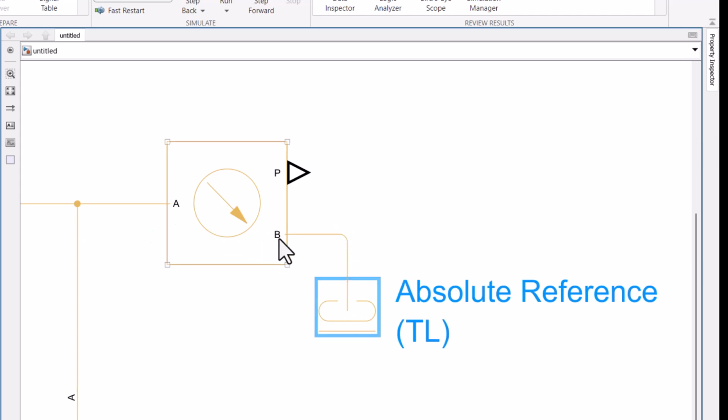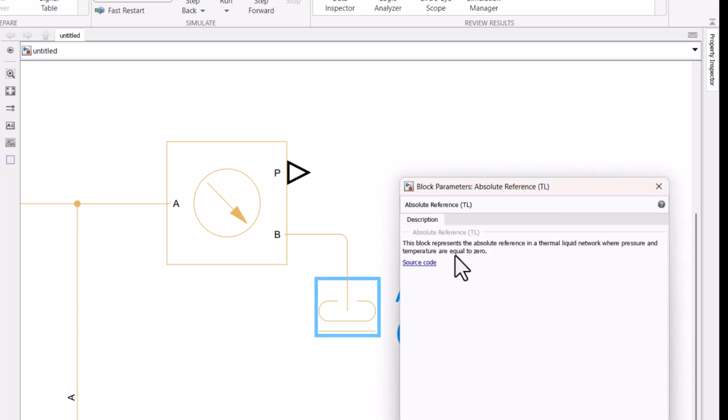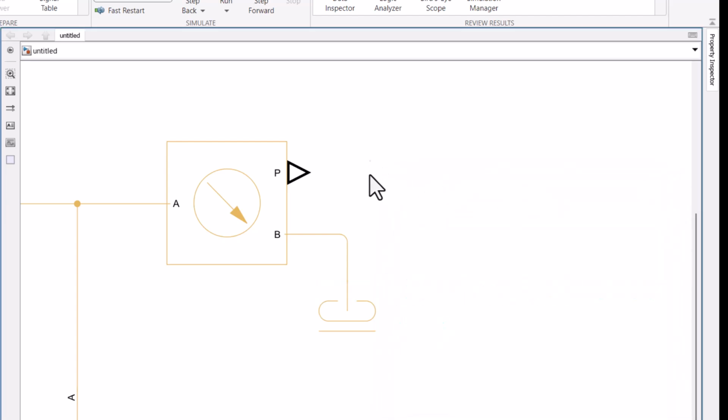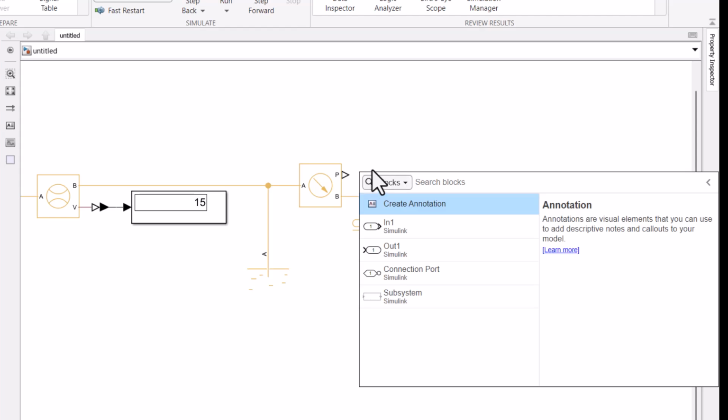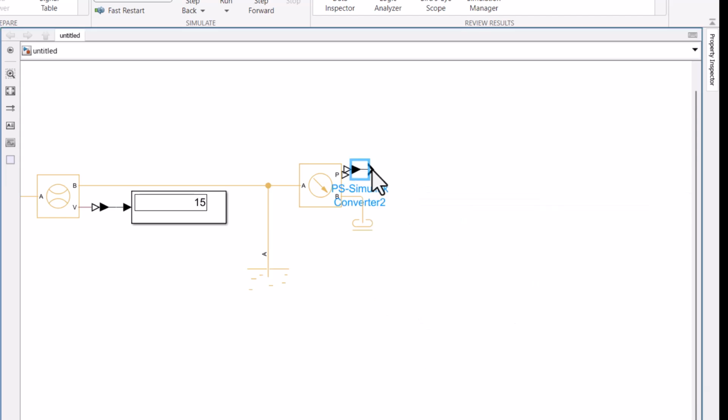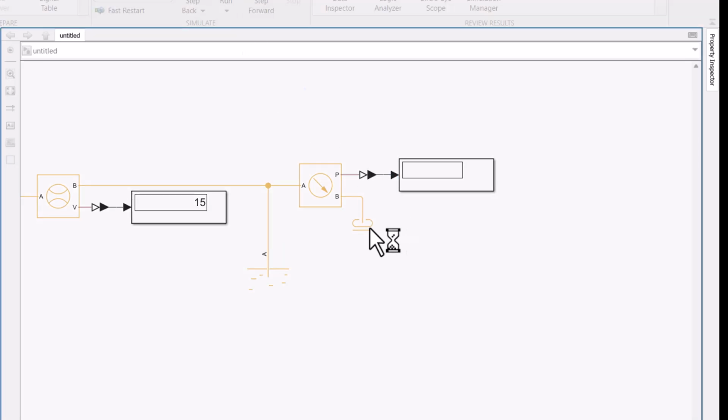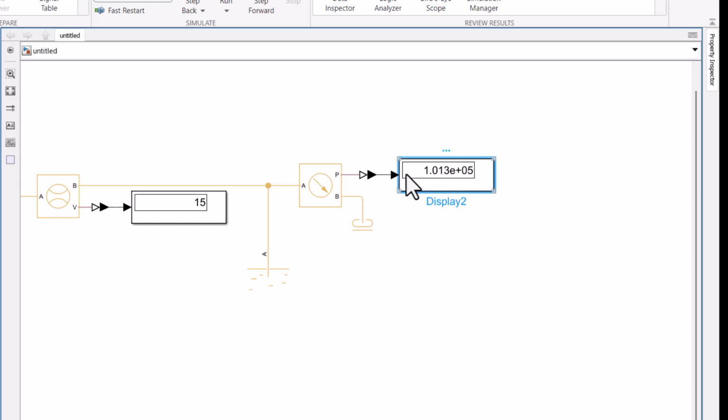Now PA minus PB is going to be equal to PA, since absolute reference is somewhere which has the pressure and temperature equal to 0. You see now if I run the model, it is exactly the absolute pressure that I was going to expect.